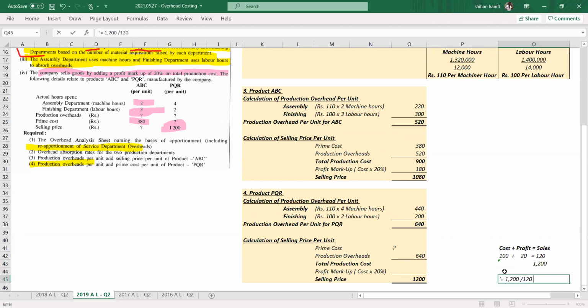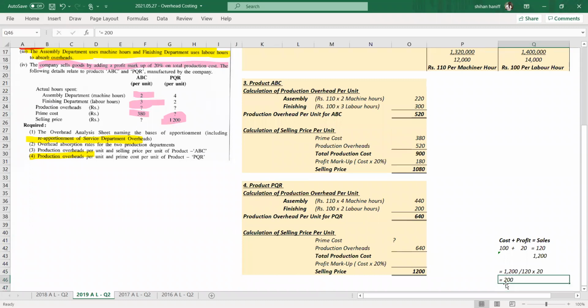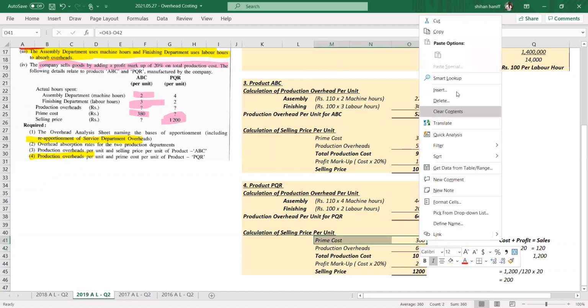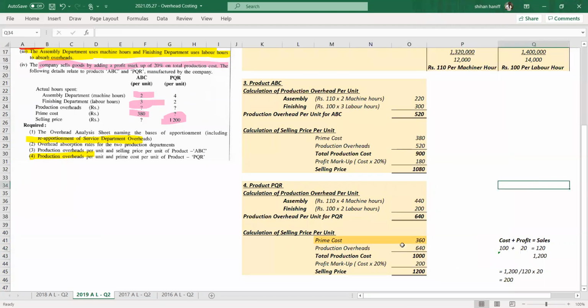1200 divided by 120 multiplied by 20. Cross multiplication. So 200 is the profit. Total production cost is 1000. If this is 1000, prime cost is 400.